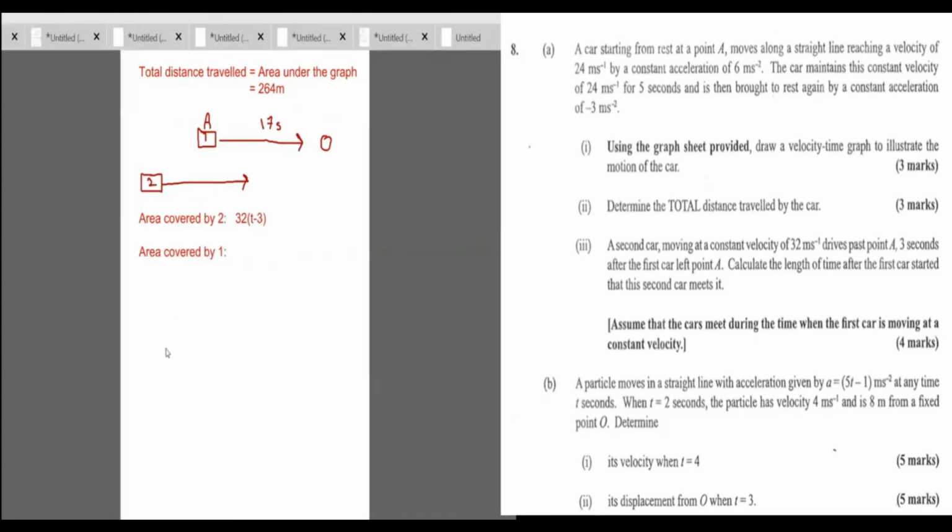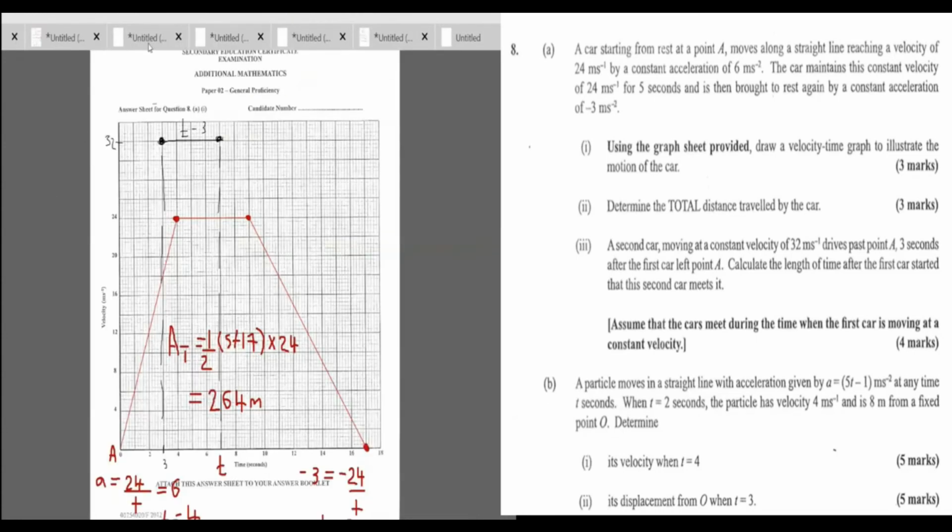Now let's look at the area covered by car 1. Look how we're going to find the area covered by car 1. The area covered by car 1 is going to be the area of this triangle plus the area of this square, or some people just say the area of the trapezium.